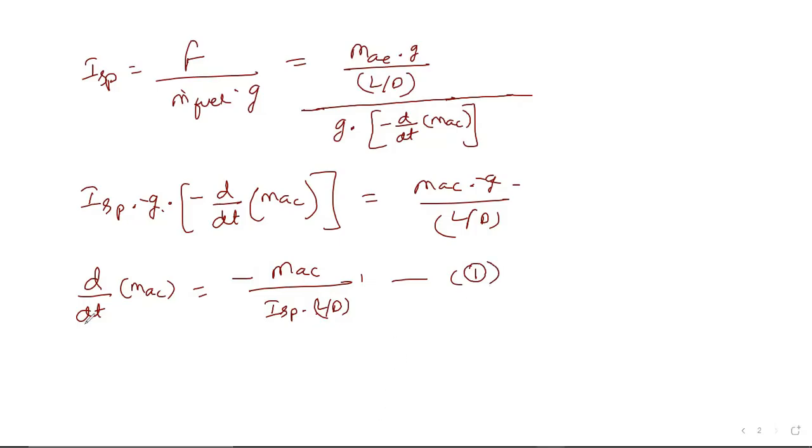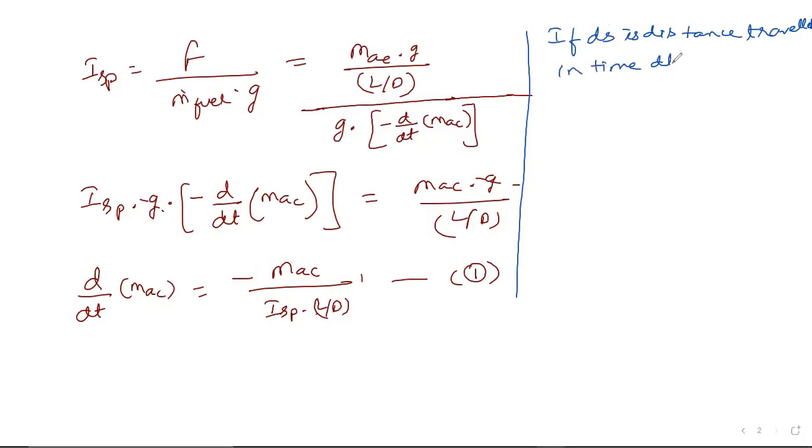Now, the second concept: if ds is the distance traveled, now we are talking about range. So if the distance traveled is ds in time dt, then we can write d MAC by dt as d MAC by ds into ds by dt, right?